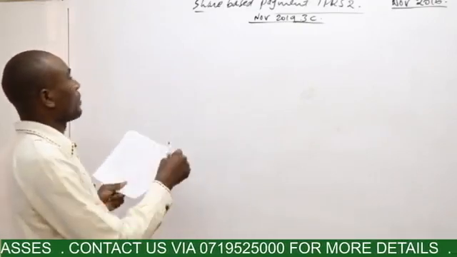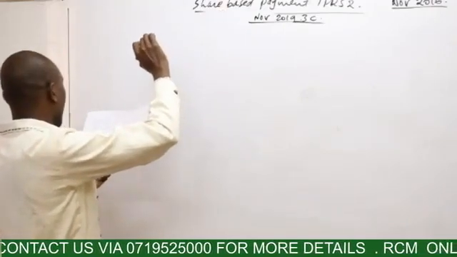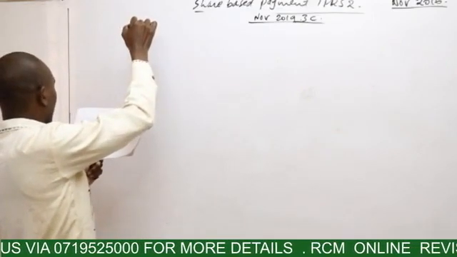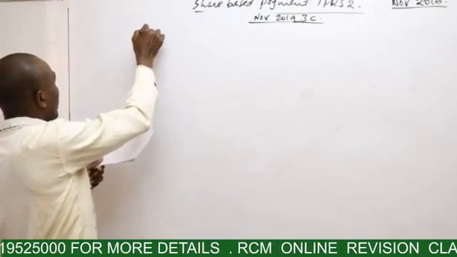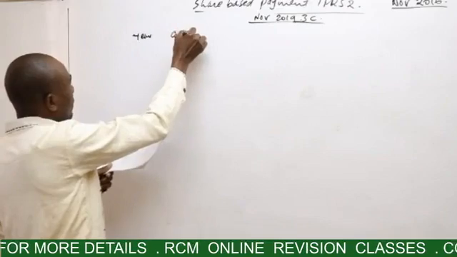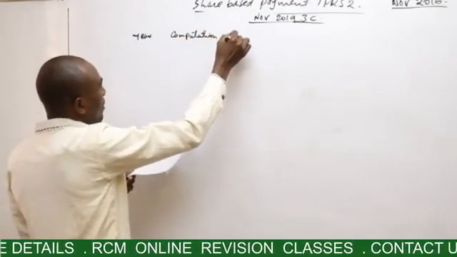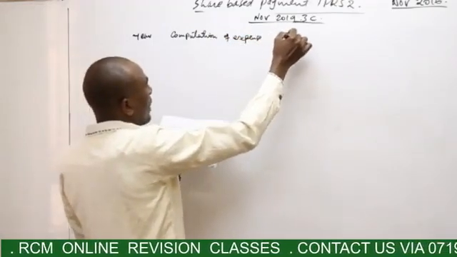Therefore, let's see. You say November 2019 question number 1C. We say here, then computation of expense. Then we report the expense.